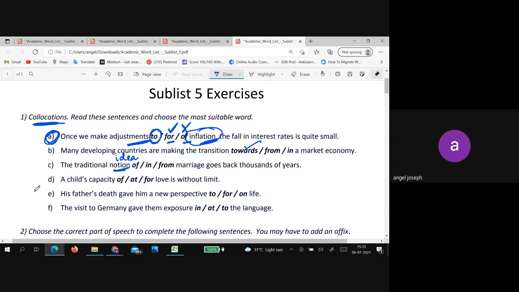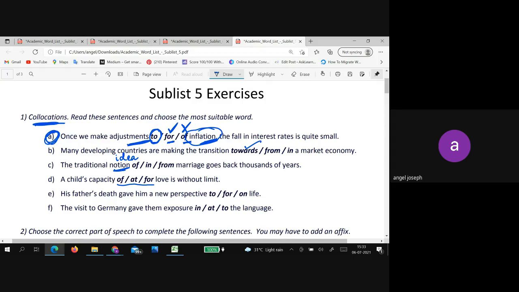Let's look at option D. A child's capacity dash love is without limit. For love. For love, yes. A child's capacity for love is without limit.